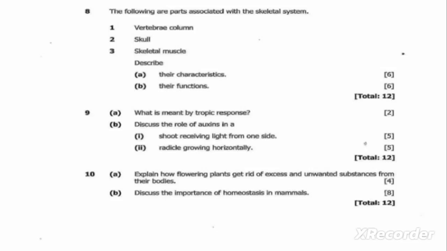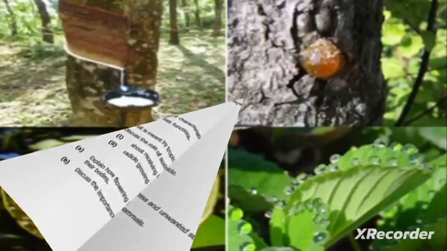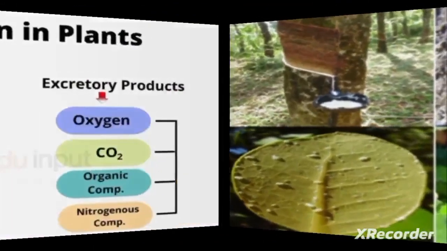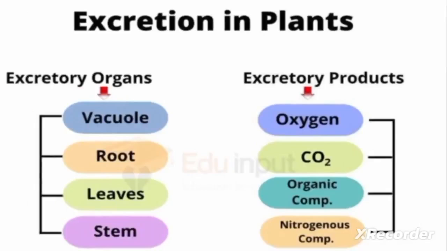These unwanted substances are oxygen, carbon dioxide, alkaloids, and other nitrogenous wastes.